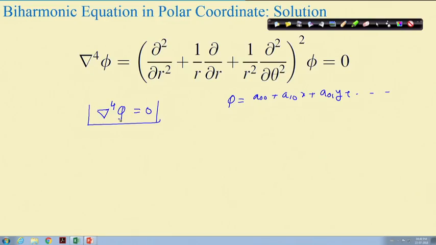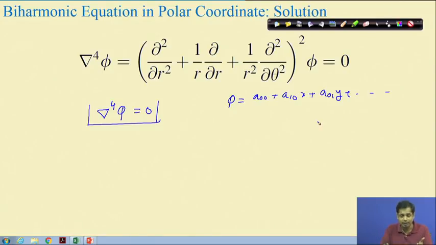Now, if we assume phi which is more than third order, then we have to satisfy the compatibility equation. We substitute phi in that expression, get some relation among the constants, and use that relation along with the boundary conditions to find the constants. That is how we apply the Airy stress function in the Cartesian coordinate system.